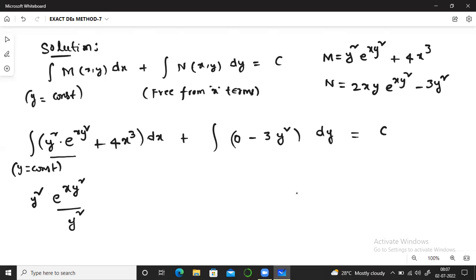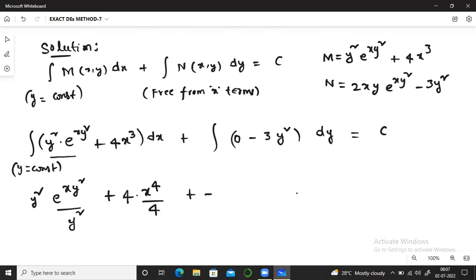So integration of the second term, 4x cube. Here y you have to treat as constant. Integration of 4x cube dx: 4 is constant, integration of x cube is x to the power 4 over 4, plus integration of minus 3y square.